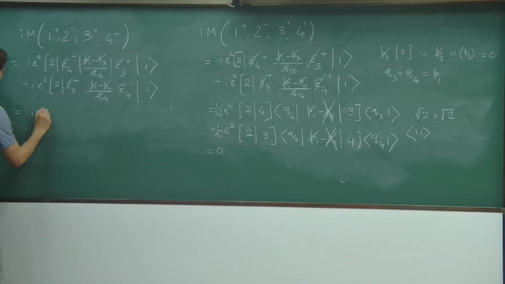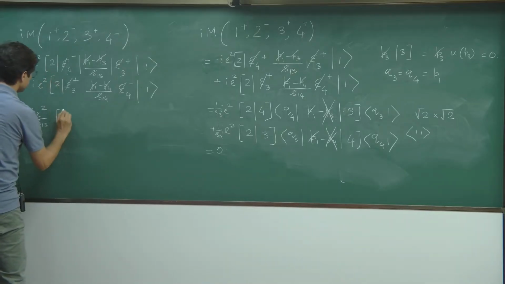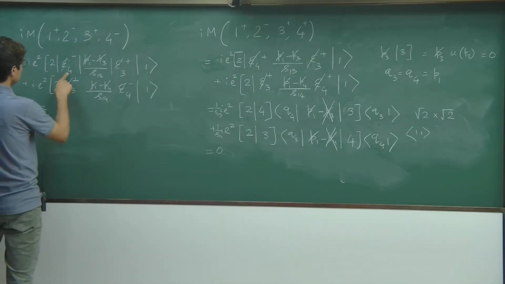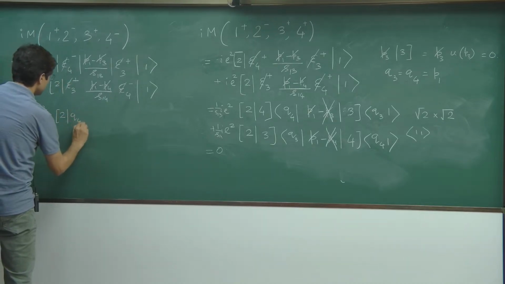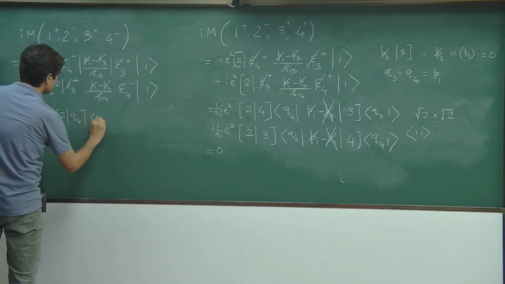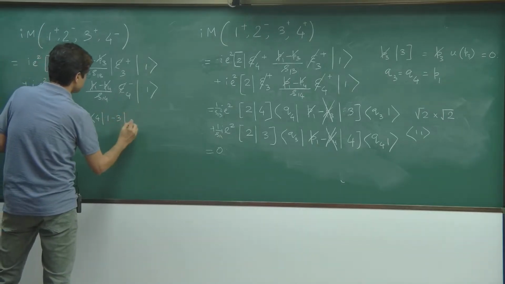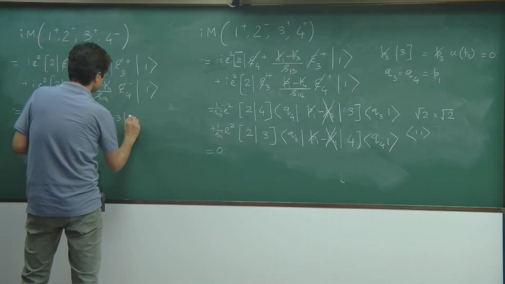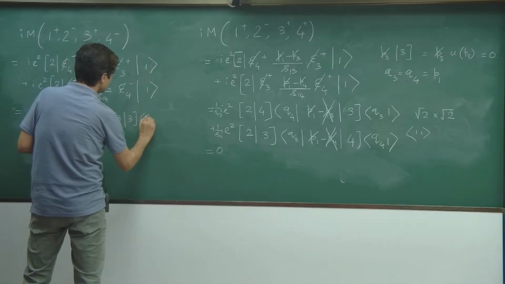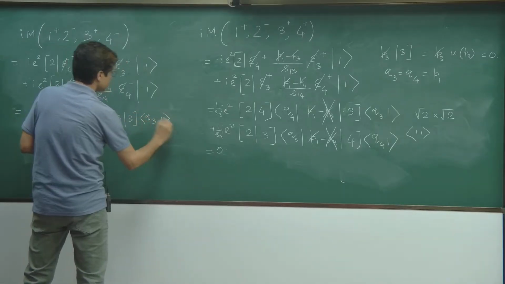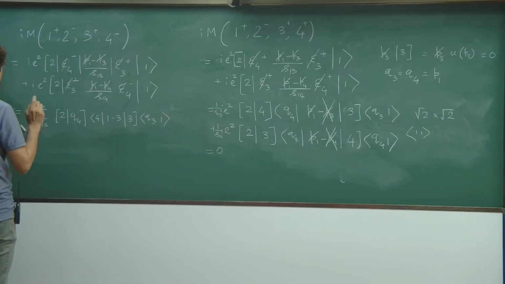So from the first diagram I get two, then this is minus, means Q4 4, 1 minus 3, this is plus, means 3 Q3 1 from the first diagram, right?